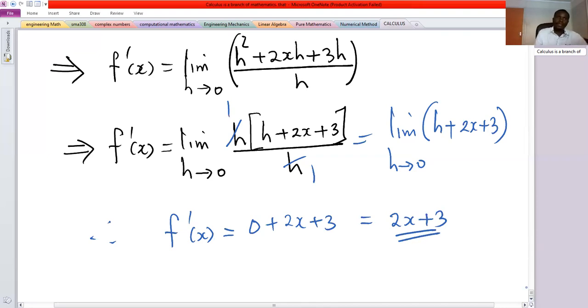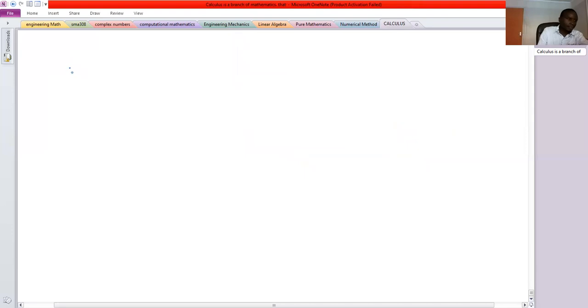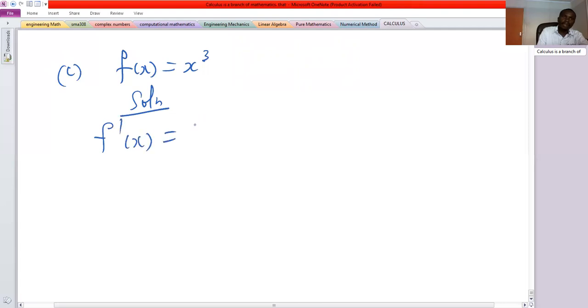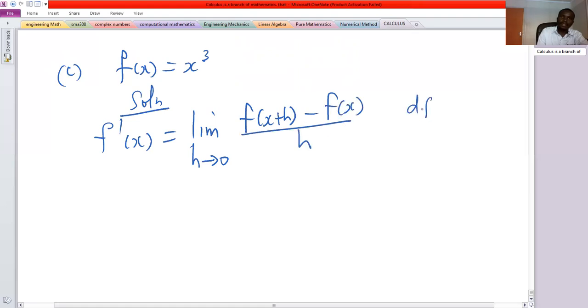And then question 3 or C, we have f of x given by x to the power 3. Now, we know that the derivative is given by the limit as h approaches 0 of f of x plus h minus f of x divided by h. This is according to the definition of a derivative.